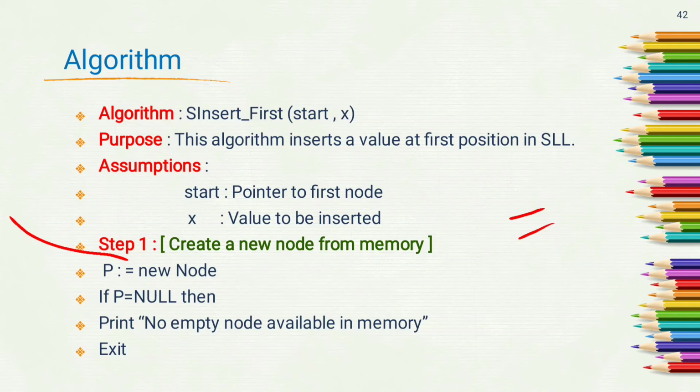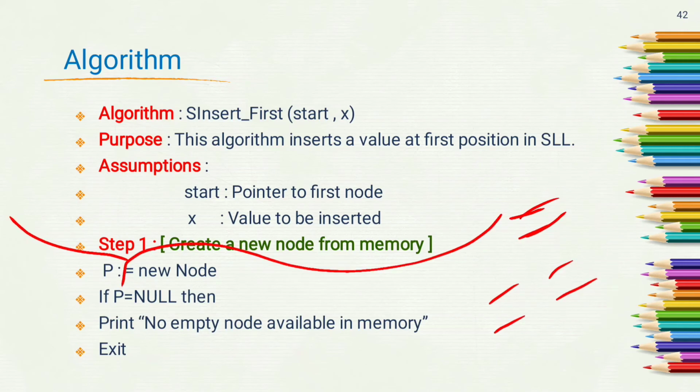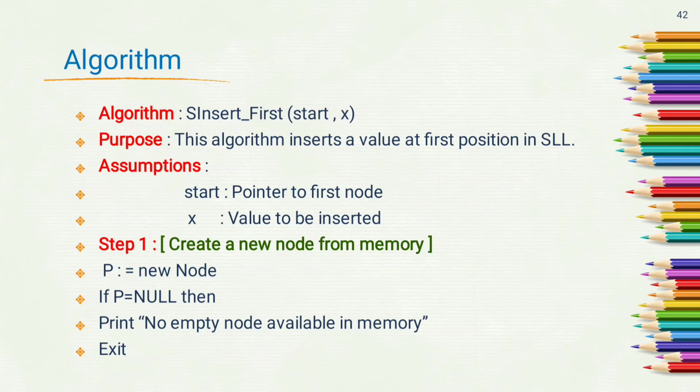In C and C++ for assignment we write single equals to, and for comparison we write double equals to. But in algorithms we follow a notation that to perform assignment we use colon equals to, and to perform comparison we use single equals to. So in place of single equals to in C and C++ we write colon equals to, and in place of the comparison operator double equals to we write single equals to in algorithm.